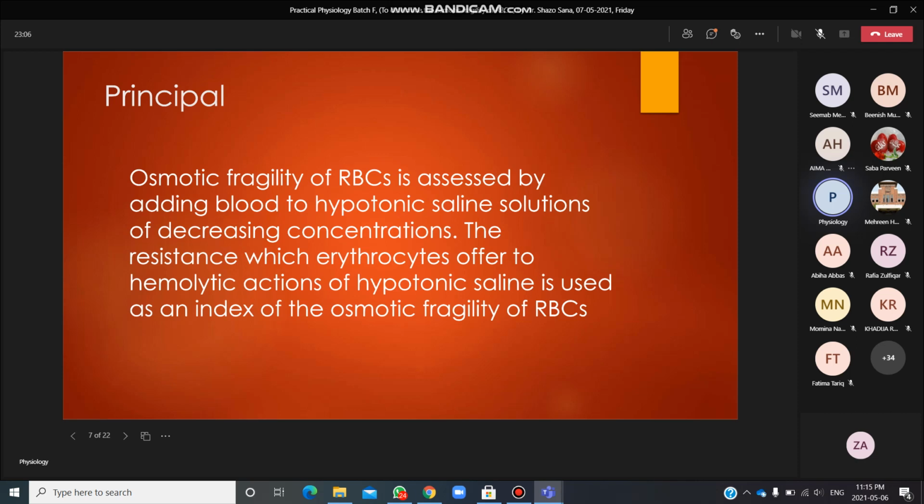If they have more resistance, then the index of osmotic fragility is lower. It means the erythrocytes in the blood sample are more fragile and are going to burst easily.